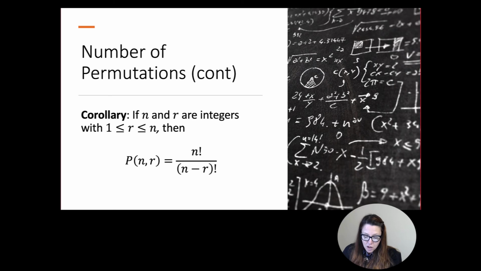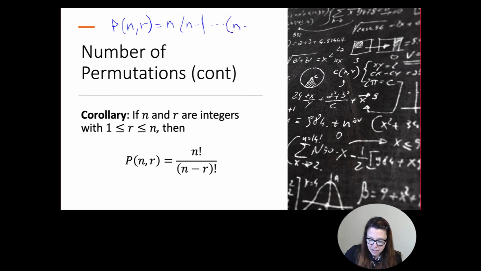All right, so essentially what we said then, and the reason that this is a corollary that we don't have to prove, is remember, from what we came up with, the number of R permutations was n times n minus 1 times n minus 2, all the way down to n minus R plus 1.